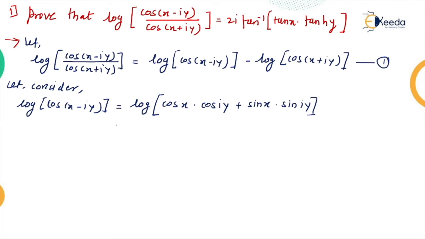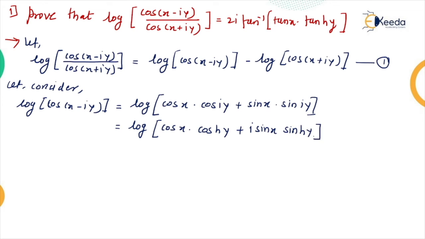After simplifying we get log of (cos x into cos iy, which is nothing but cos hyperbolic y, plus sin x into sin iy, which means i sin hyperbolic y).